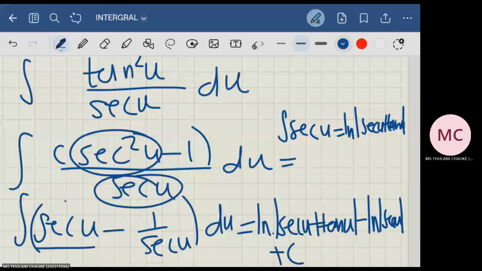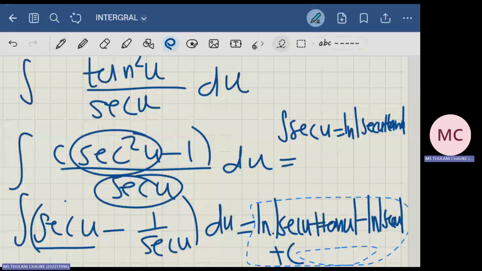Let me just copy it. So this is what we're having.